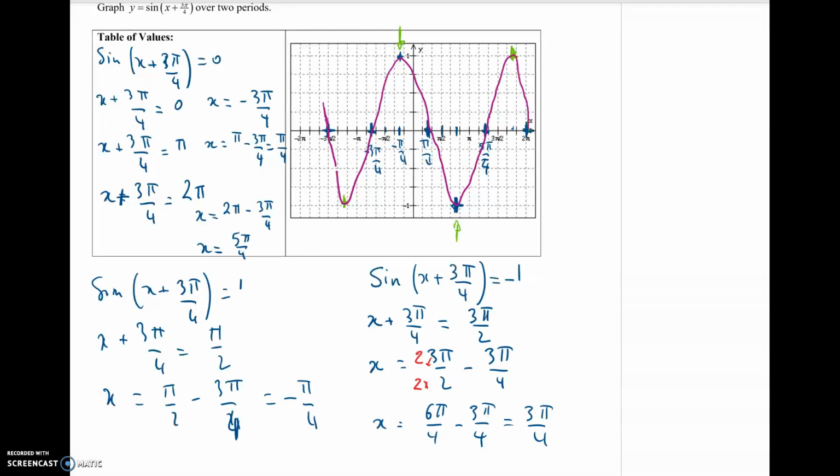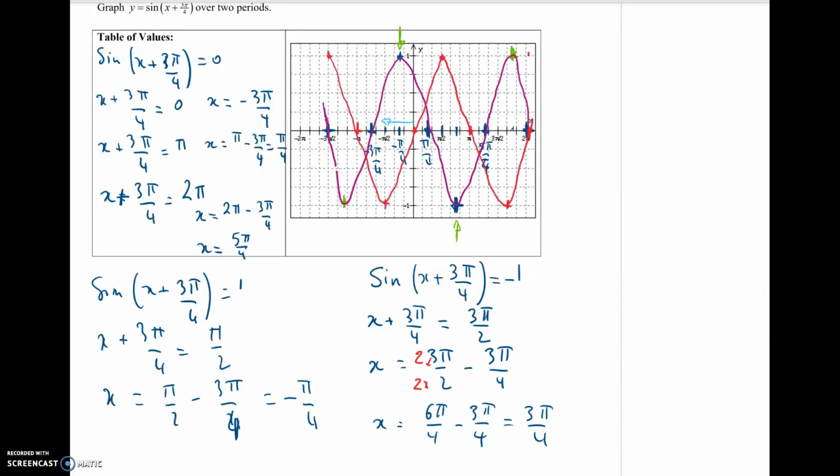Now, that was method number 1. Method number 2 is to understand that because we have sine of x plus 3 pi/4, we have a shift to the left of 3 pi/4. Therefore, let me graph the function y equals sine x for you.